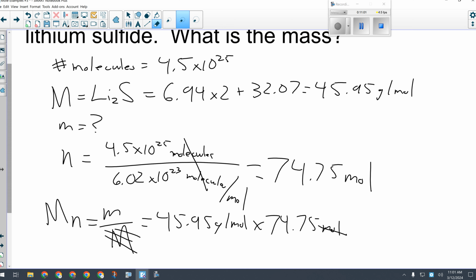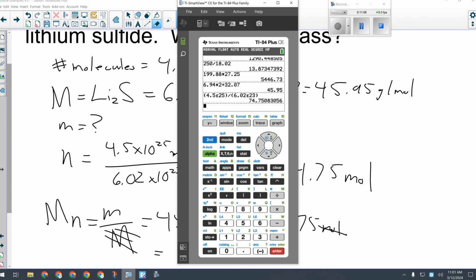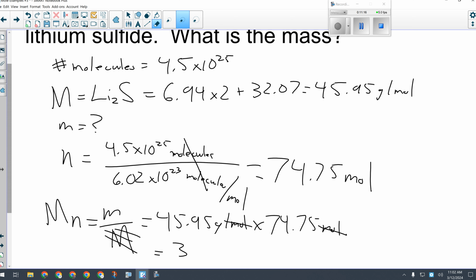The moles are going to cancel, and I'm going to be left with grams. Going to be a fairly large number. Okay, 3434.80. What are my units? Grams.